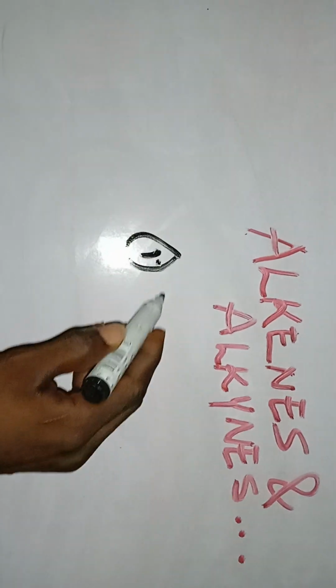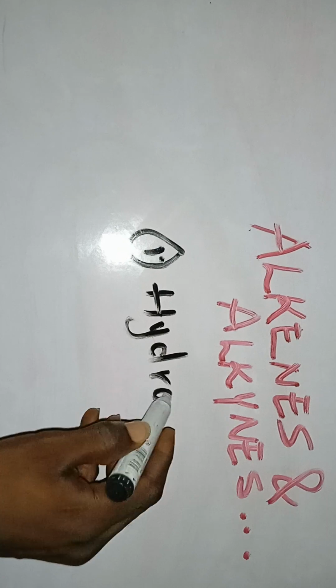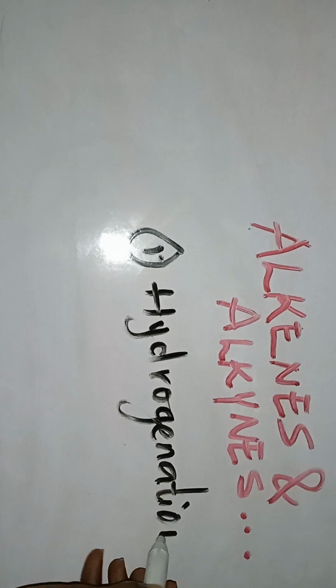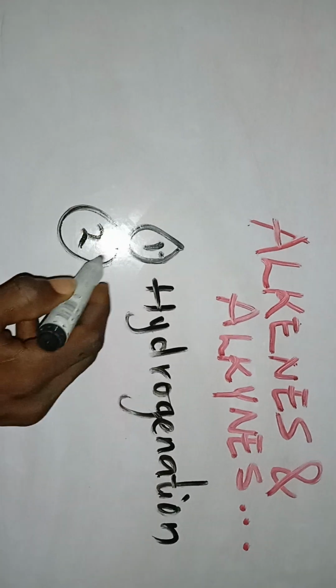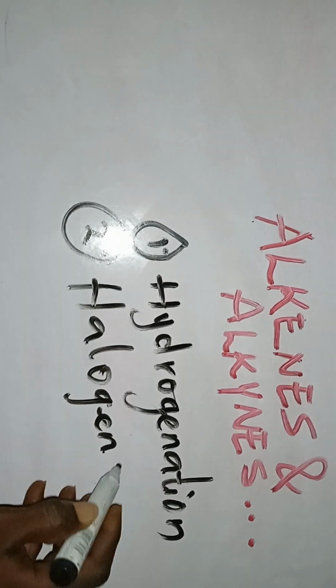Number 1 is what we call hydrogenation. Number 2 is what we call halogenation.